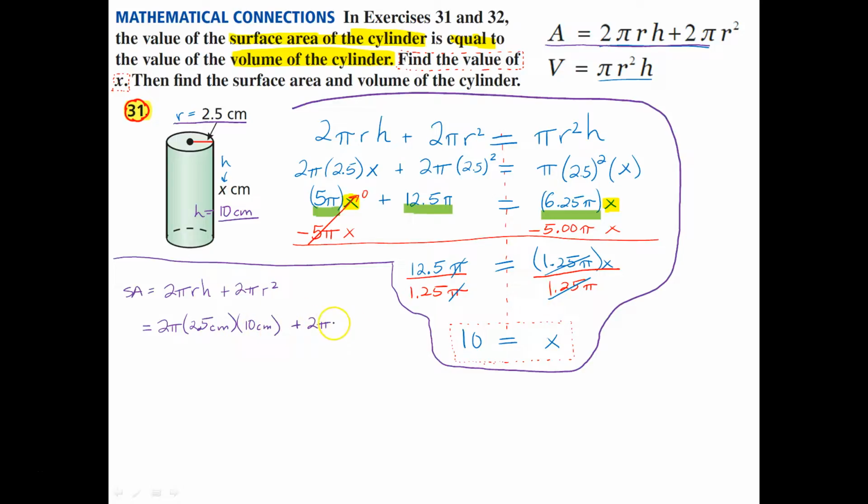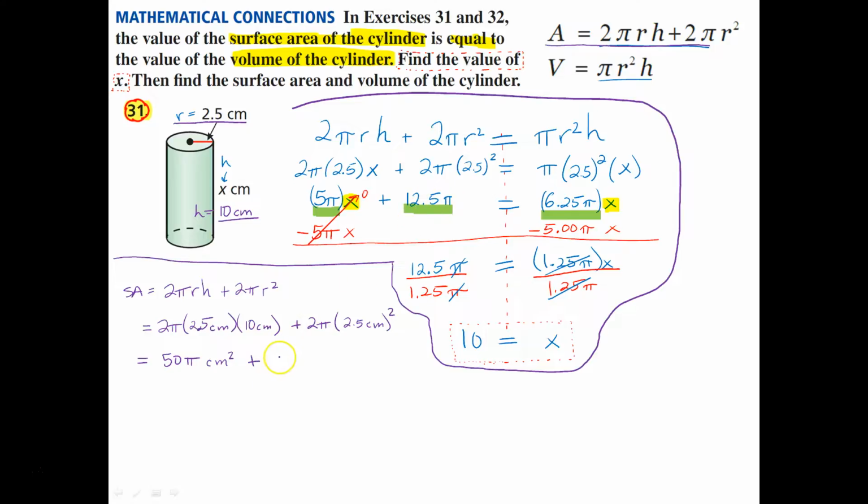plus 2 pi times the radius squared, so 2.5 centimeters squared. And now we just need to multiply, so 2 times 2.5 was 5. 5 times 10 is 50. So 50 pi, and then centimeters times centimeters is square centimeters. 2.5 squared was 6.25 times 2 is 12.5.